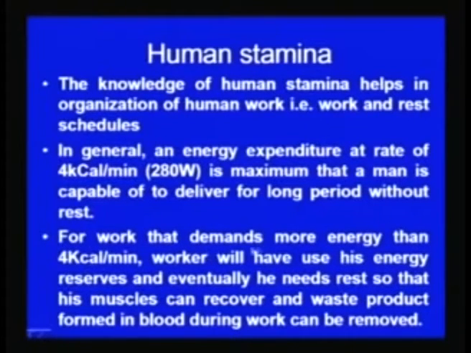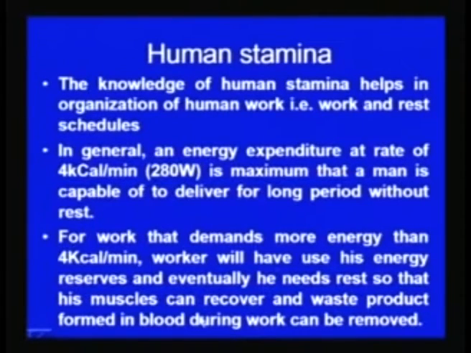For work that demands more energy than 4 kilocalorie per minute, the worker will have to use his energy reserves and eventually needs rest, so that his muscles can recover and waste products formed in the blood during the work can be removed.